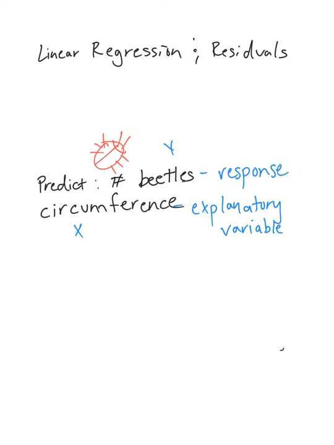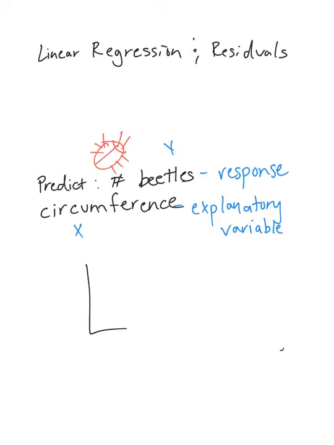If you think about it, what kind of slope do you think we're going to get, logically? Well, if you had a smaller tree, wouldn't we have fewer beetles? But likewise, if we had a bigger tree, we'd have more beetles.